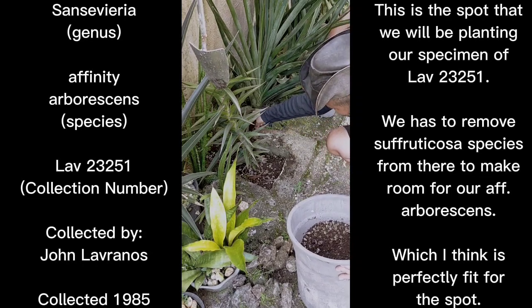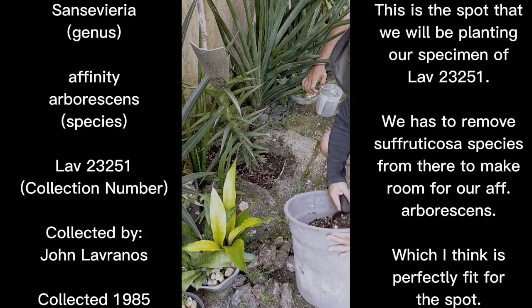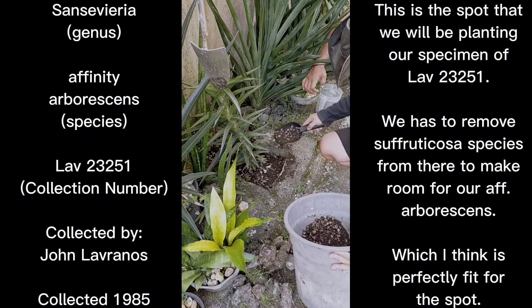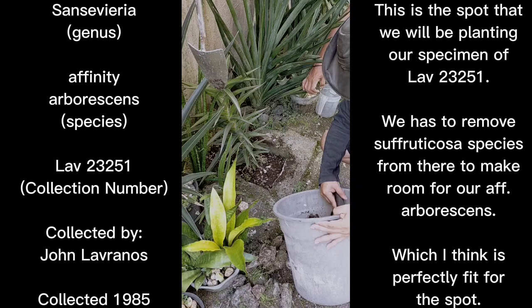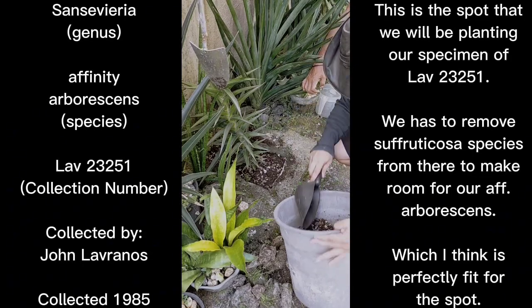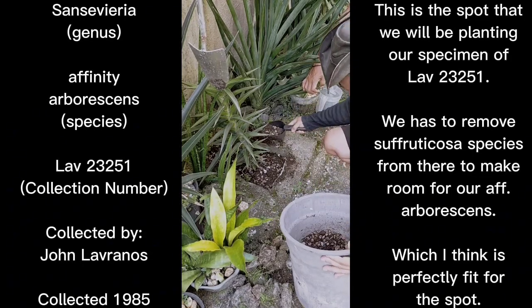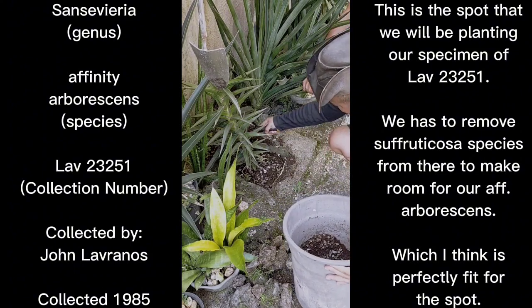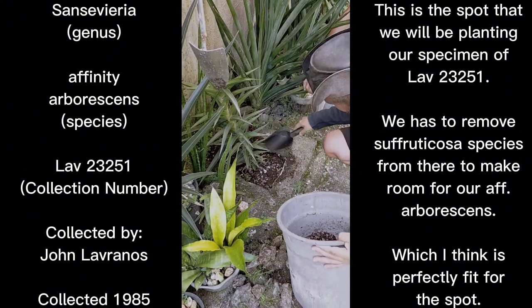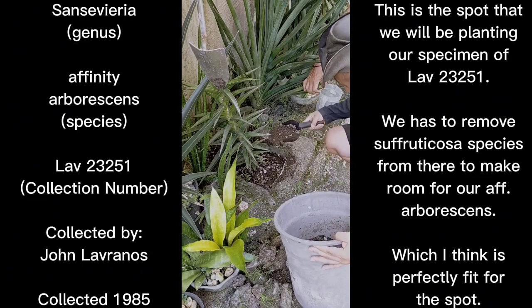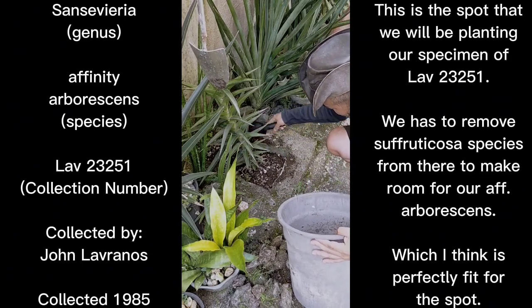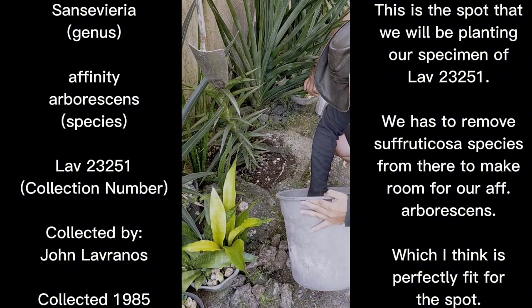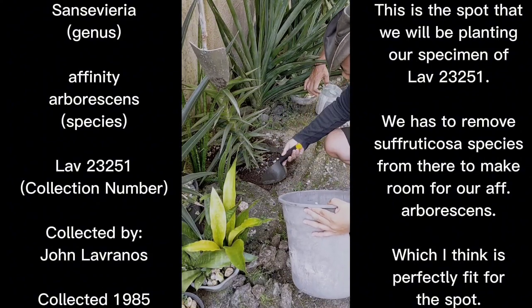Lavranos is the last name of John Lavranos, and some folks are fond of using his name to ID plants. FYI, you have to include the collection number because there are a lot of Sansevierias that John Lavranos collected in the wild. So it's inaccurate to just use Lavranos as an ID. You have to use LAV, then the corresponding collection number of a Sansevieria that was collected.